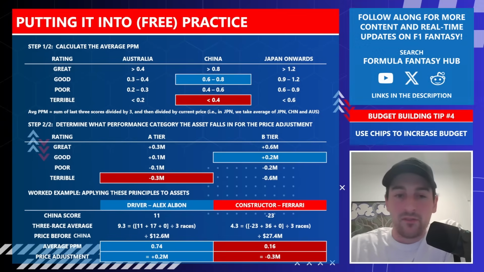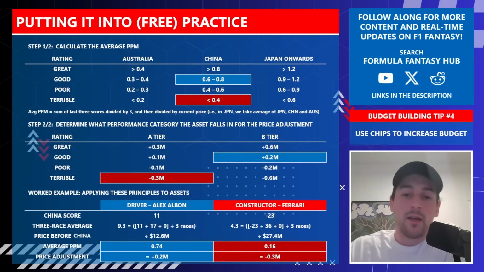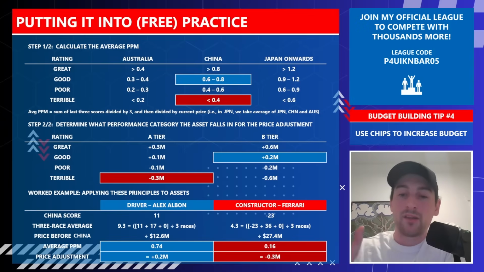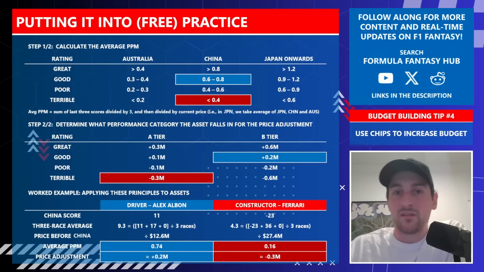The second step is to determine what performance category the asset falls into. This table, you probably recall, was on the first page of the presentation, and those symmetrical pricing models are what an A tier or a B tier asset will receive based on their performance that race week. So let's put this into practice and give you a couple of worked examples, one for a driver and one for a constructor.